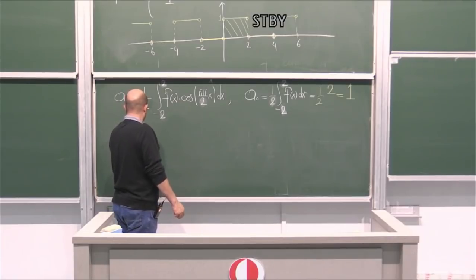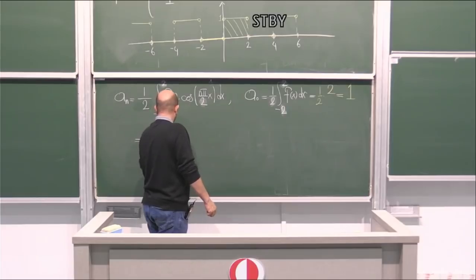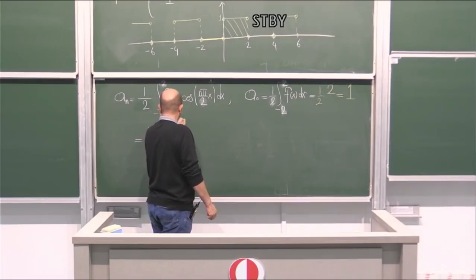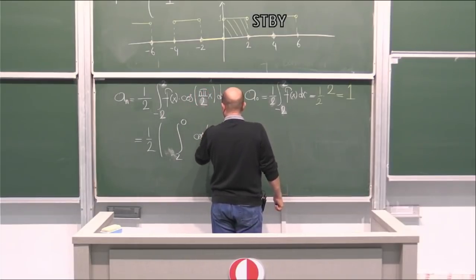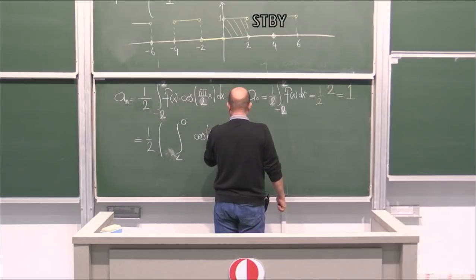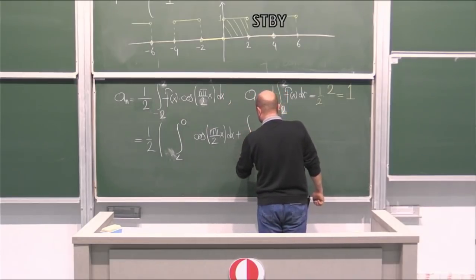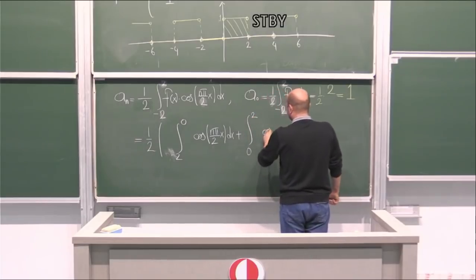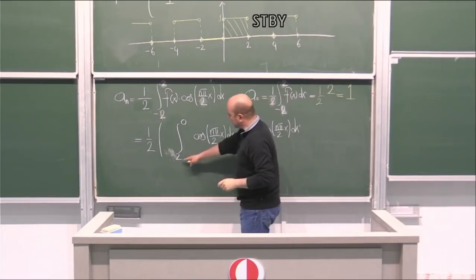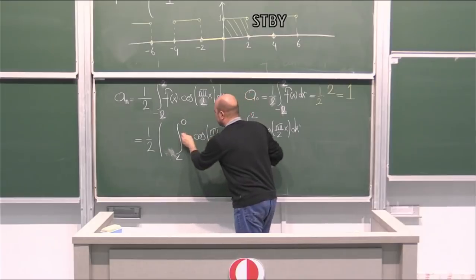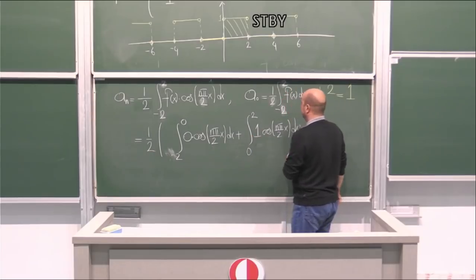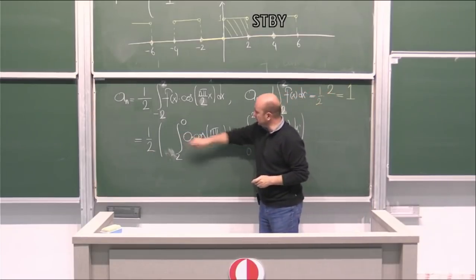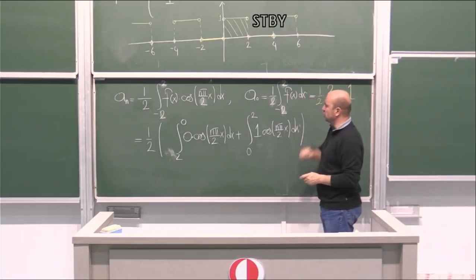Maybe let me just write it first: the integral from -2 to 0 of f of x cosine n pi over 2 x dx, plus from 0 to 2 of cosine n pi over 2 x dx. Between -2 and 0, my f of x is 0. Between 0 and 2, my f of x is 1. So this part is completely 0, and it's all about the computation of this one.